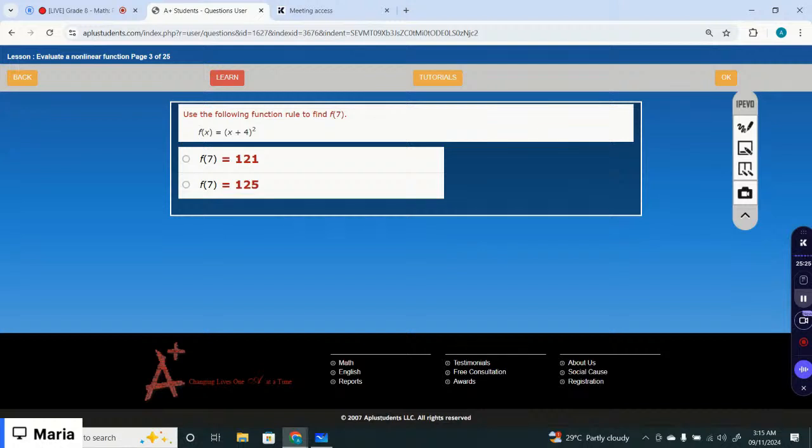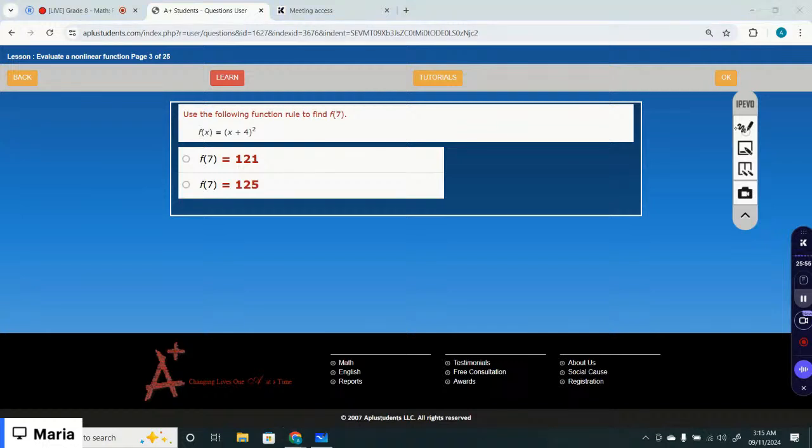Use the following rule to find f of 7. So which is the correct option? F of 7.